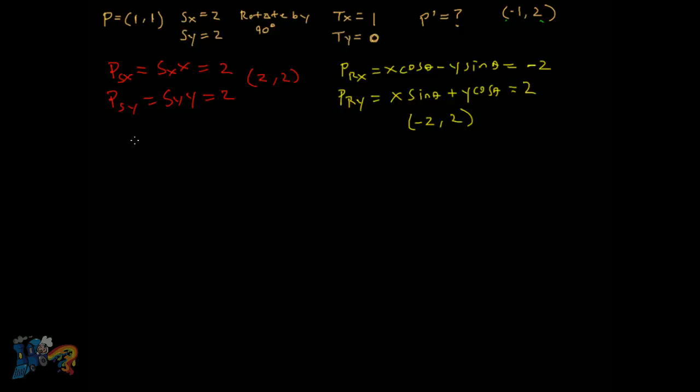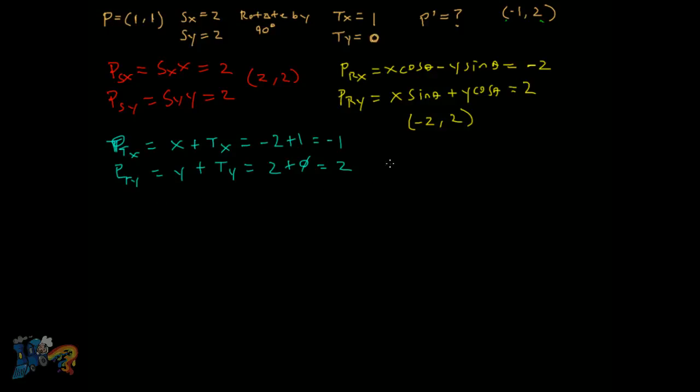Finally, our translation. Our point as translated on the x is just equal to x plus t of x, which is -2 plus 1, which is -1. And we know that our point translated with y is just the same thing it was before, because t of y is 0, so we get 2.